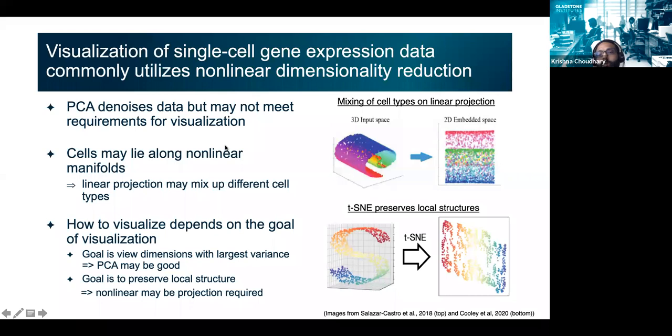But for certain kinds of analysis or purposes, such as, let's say, we want to see trajectories of how certain populations of cells differentiated and changed into another cell type, in those cases, maybe our goals of visualization will not be served by PCA. And the reason for that is what I've tried to illustrate with these figures on the right.